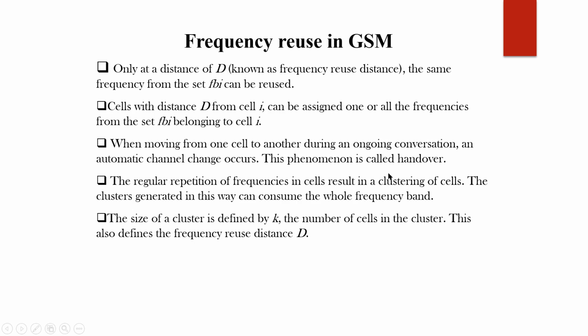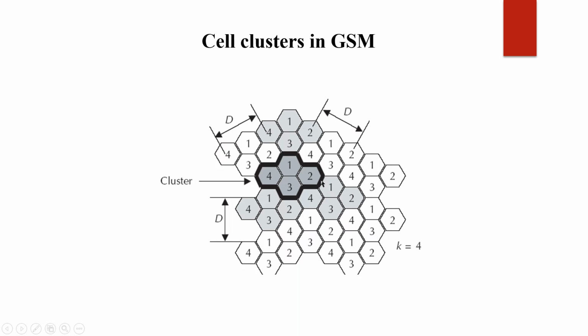Handover means that if you cross the boundary or range of a cell, it passes to another network, so the channel gets automatically changed. This is about your cell cluster. You can draw this diagram in a simple manner and specify all the necessary details, that is, distance, cluster, and the value of your cells.